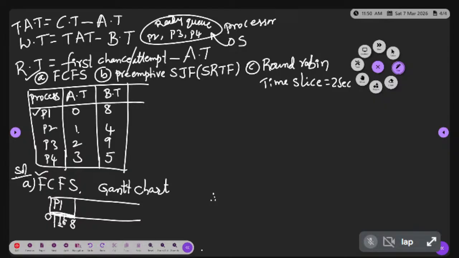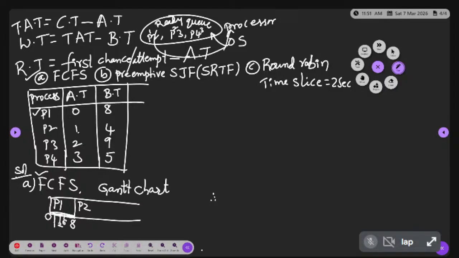Process P2 says I came at 1 second, P3 came after 2 seconds, P4 after 3 seconds. Every process is associated with an arrival time, like 9:35, 9:40, 9:45. Since 9:35 came first, that one is served first. So that is next P2. The processor is allocated to P2.